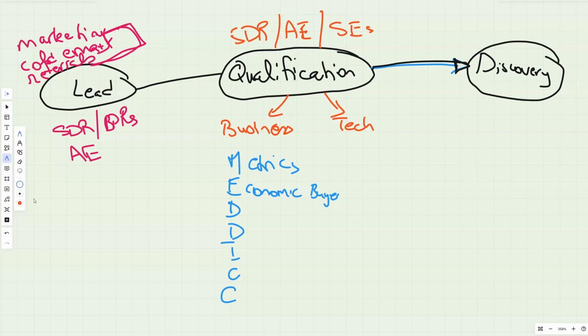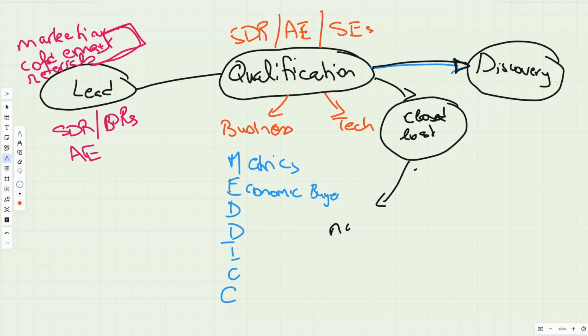But we can also qualify it out to closed lost. And now the deal is closed, and now you might want to start nurturing the relationship here, whether it's an SE or sales.